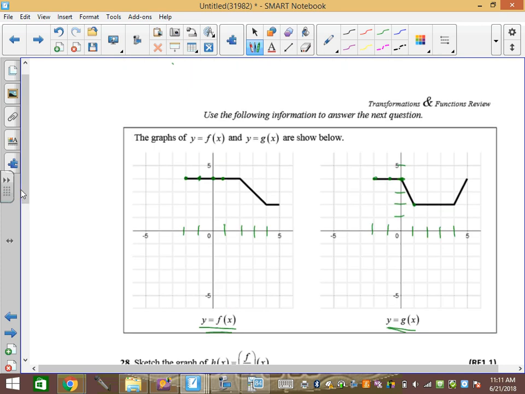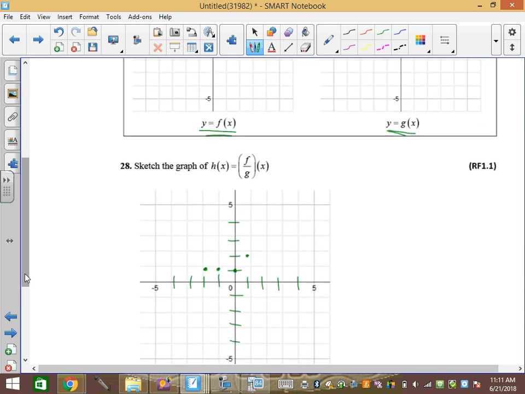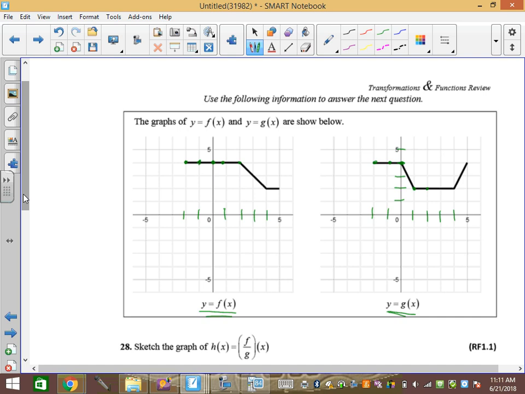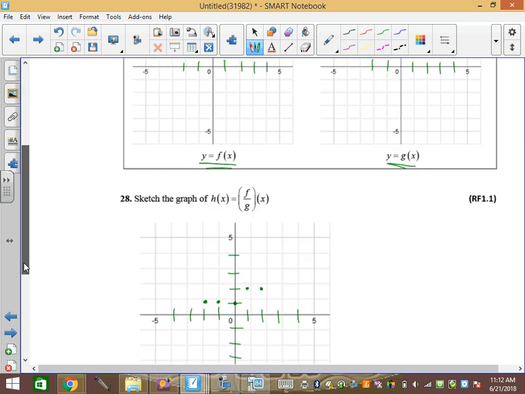Then I go to 2. I'm at 4 and I'm back at 2. 4 divided by 2 is 2. And then I'm going to go to 3 and I'm at 3. 3 divided by 2 is 1.5.